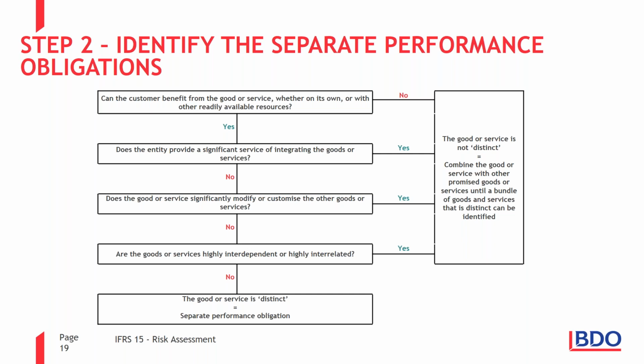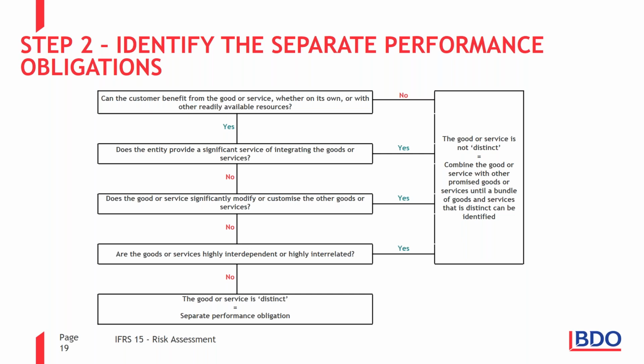If you say yes, they can benefit from it on its own or with other readily available resources, the next question, does the entity provide a significant service of integrating the goods or services? Now, often this is a very prevalent question around software and software implementation, but it could also be in other areas. Again, if you say yes, there's the significant service of integrating, then it should be bundled. If you say no, next question, does this good or service significantly modify or customize other goods or services?